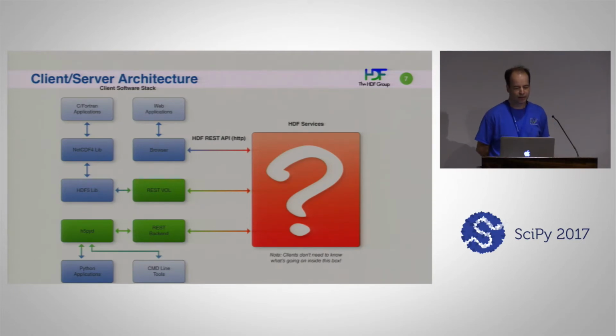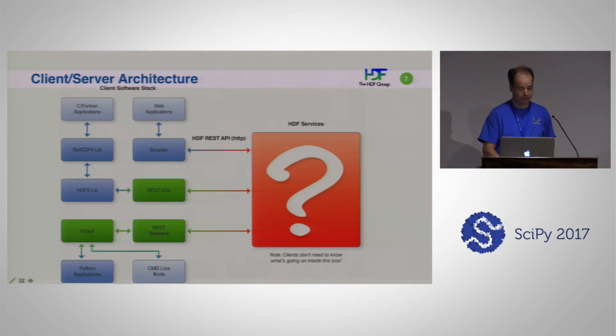So describing the client-server architecture at a high level, you have the service on the right, and think of it as a black box. All you need to know about it is that it supports the REST API. We can have, say, a web-based client that's using Ajax, JavaScript to interact with the service. We can have h5pyd, our Python SDK, and Python applications using h5pyd.